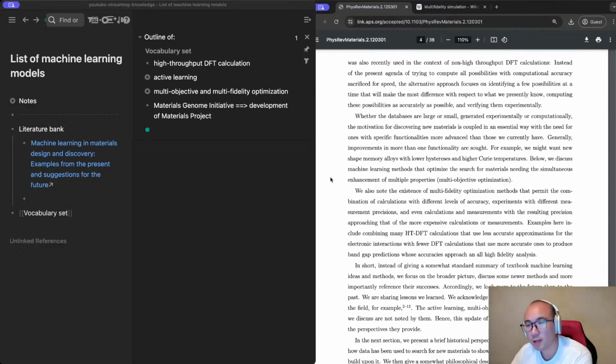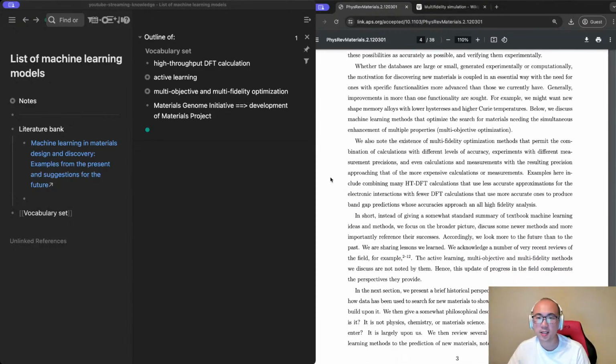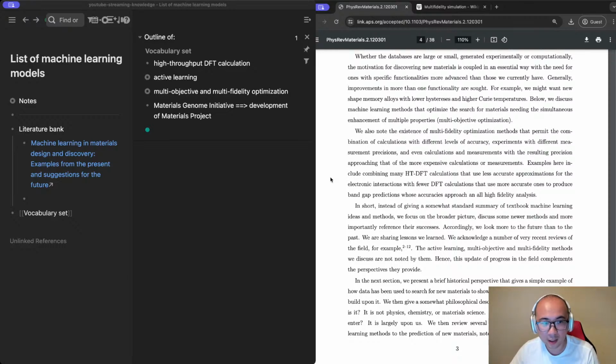Okay, so basically what they mean is that we don't need to calculate every single thing. We just need to choose a selected subspace, and we're trying to get that as accurately as possible.